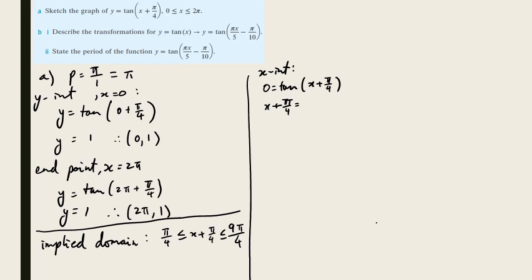Oh sorry, 0 is actually not one of the solutions because of that. So the next one, pi, 2 pi, 3 pi, and 4 pi? No, too far. 2 pi. Then we just simply shift it back by minusing pi on 4 from each. So we get 3 pi over 4, and then 7 pi over 4.